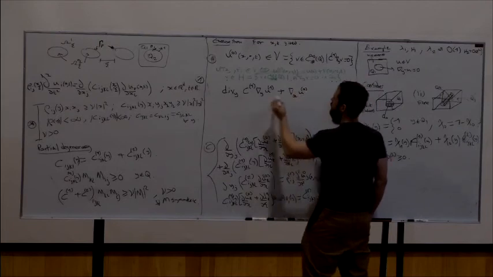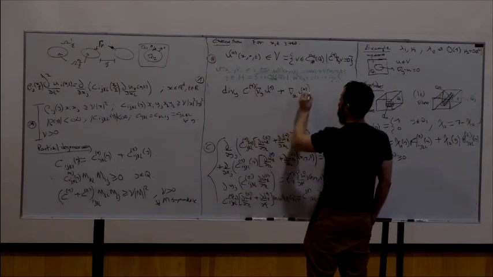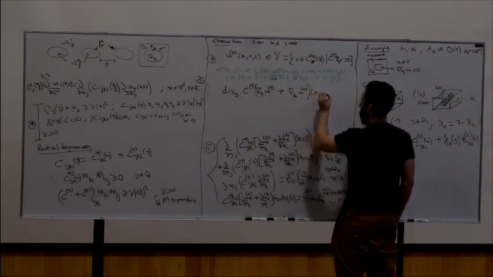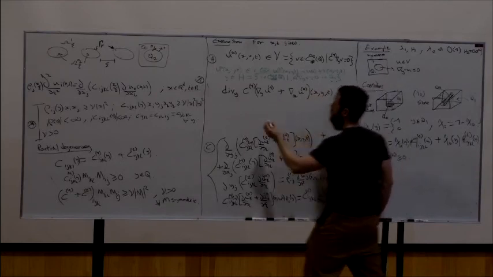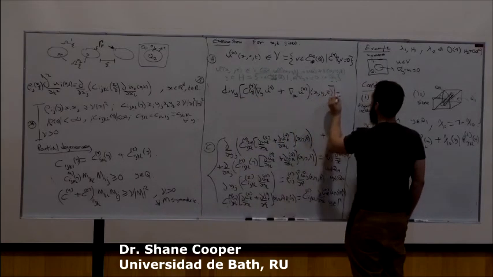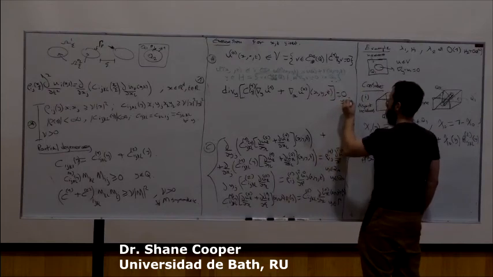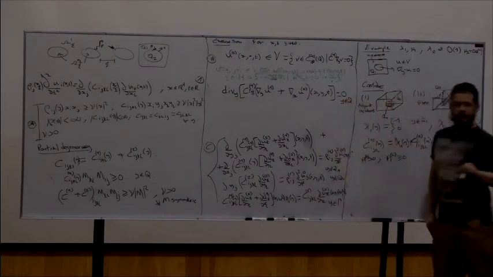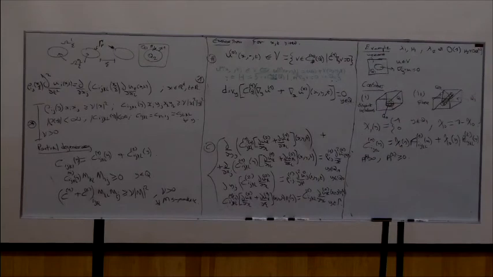Remember now that these are functions of x, y, and t, both of them. This is a function of y. The equation I just rubbed out and put here is the exact same equation. This is the weak formulation of the equation.